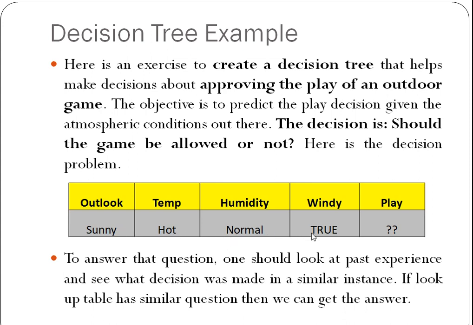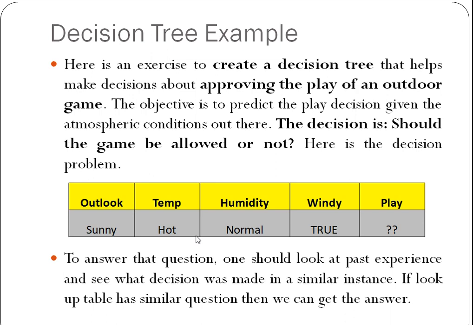If a similar record is there, it fetches it, otherwise it will not. If any data is missing, the query will not yield the answer. Those are the problems with the lookup table. Another big problem is that whenever a question is asked, it goes through the complete data set. If you have millions of records, it will search them all, and that time is taken every time.